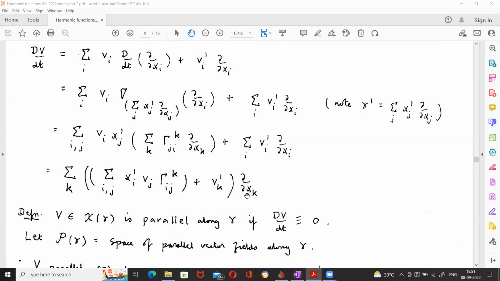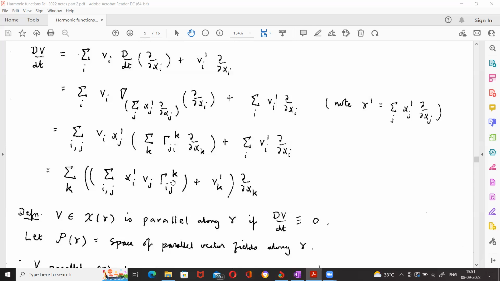So recall now, the xi's are the components of the curve in coordinates, and the Vj's are the coefficients of the vector field. So notice what we're getting here. We're getting the derivatives of the components of V, which is like the usual derivative. And then you have this extra term, which is linear in V and which involves the Christoffel symbols.